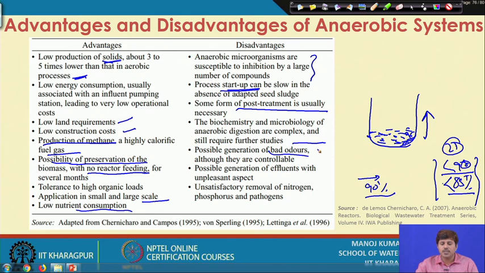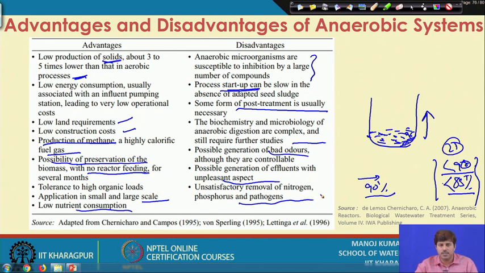And then there is the possible generation of effluent with unpleasant aspects. Because it is coming from a system devoid of oxygen, there might be some unpleasant aspects associated with such effluents, in the form of odor or insects coming in. And the removal of nitrogen, phosphorus or pathogens is not achieved from the anaerobic system.